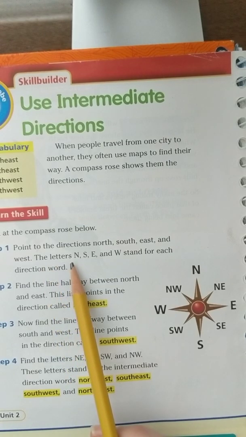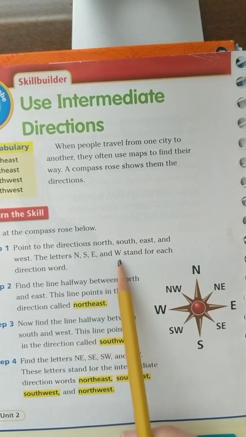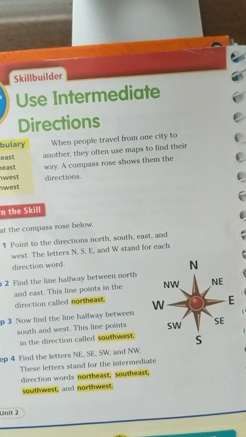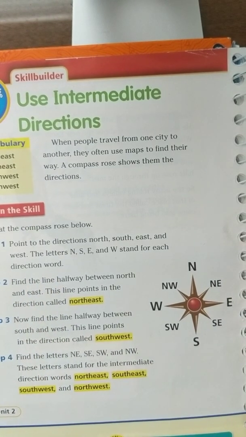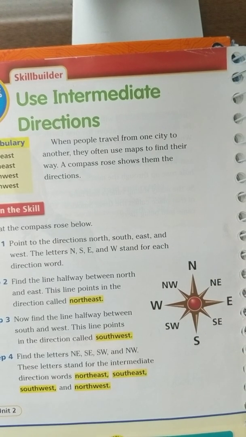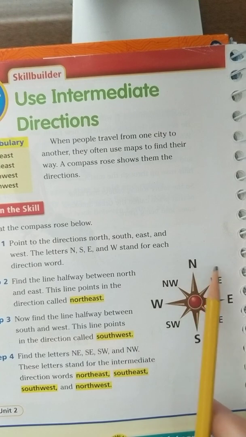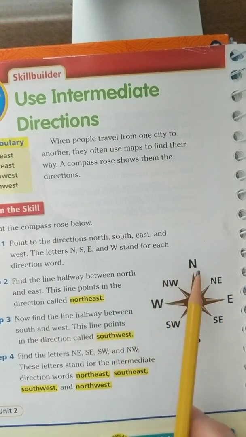The letters N, S, E, and W stand for each direction word. Okay, and we've learned how to remember those. Never eat soggy waffles, as you guys like to remember, or never eat shredded wheat. Helps us remember the directions. You start at top and you go around like a clock.